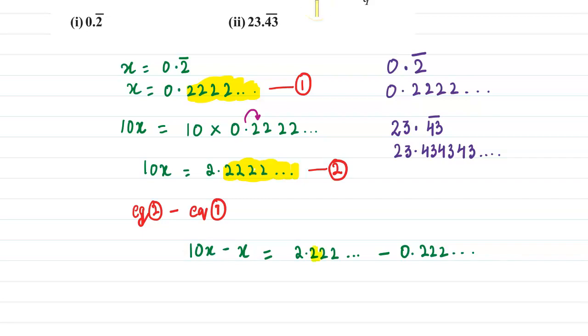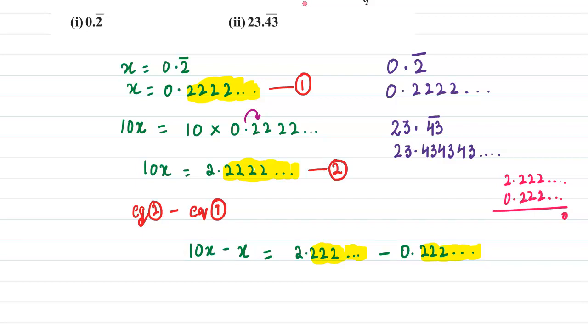So when I subtract, what do I get? This part and this part are the same because they are infinitely repeating. So even if I have taken 1, 2 after the decimal point, still this part remains the same. So when I subtract, I'll show you how. We have 2.22 endlessly repeating minus 0.22 endlessly repeating.